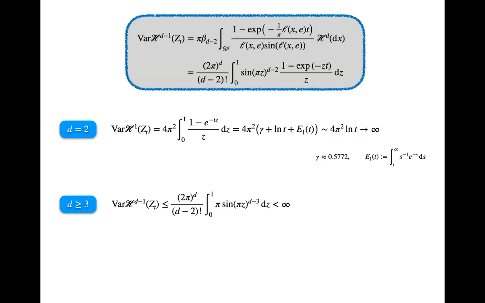This is in sharp contrast to what happens in dimensions bigger than or equal to 3, because here you can have a look at this integral and see that it is bounded by this expression, which is totally independent of t. This expression is just a constant depending on the dimension, which means that the variances stay uniformly bounded.